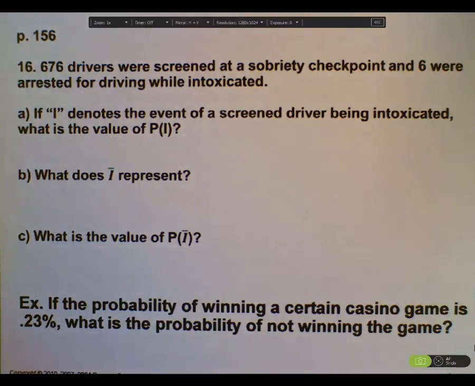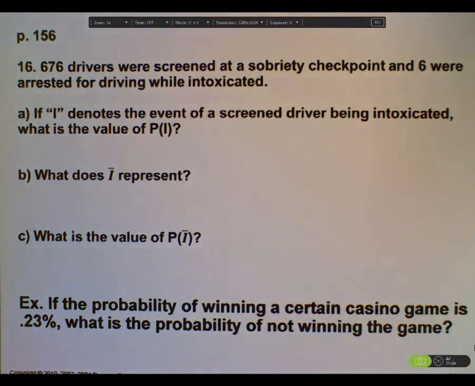From page 156, number 16 says 676 drivers were screened at a sobriety checkpoint and 6 were arrested for driving while intoxicated. In the A part, if I is the event of a screened driver being intoxicated, what's the probability of I?